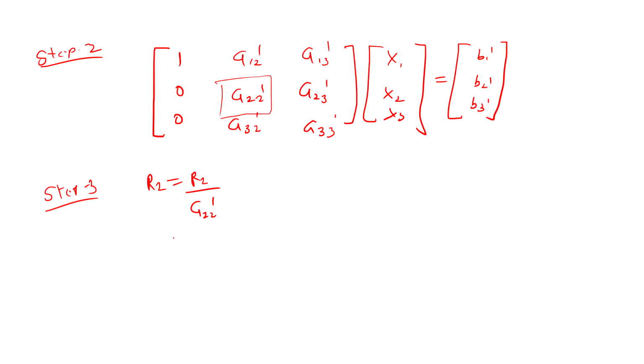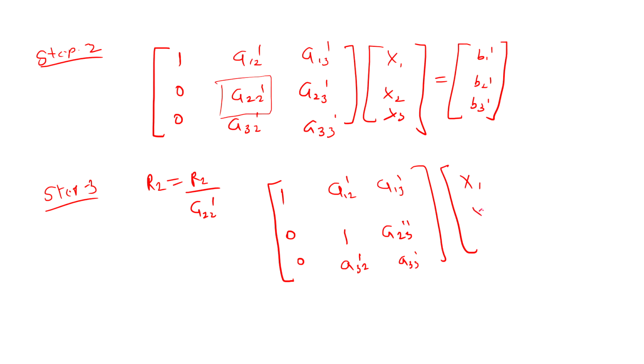What will come out of that is 1 0 0, A12 prime, 1, A32 prime, A13 prime, A23 double prime, A33 prime, and then x1, x2 and x3, and we will have b1 prime, since there is only one operation applied to this b1, and then we will have b2 double prime, since two operations have already been applied to this b2, and then we will have b3. So after this step we got this.